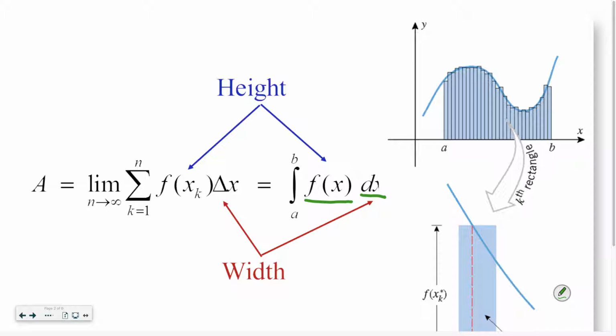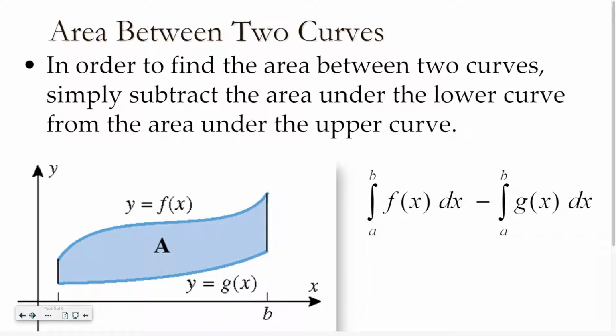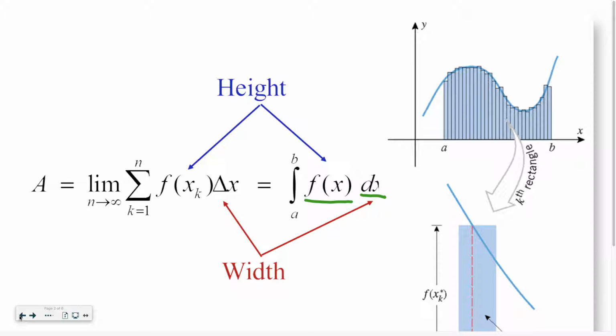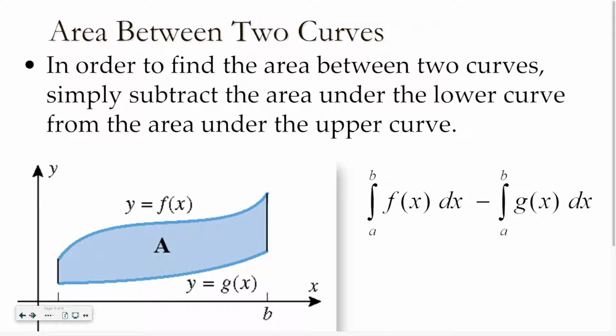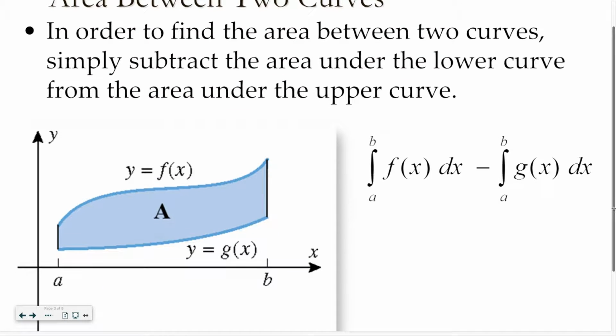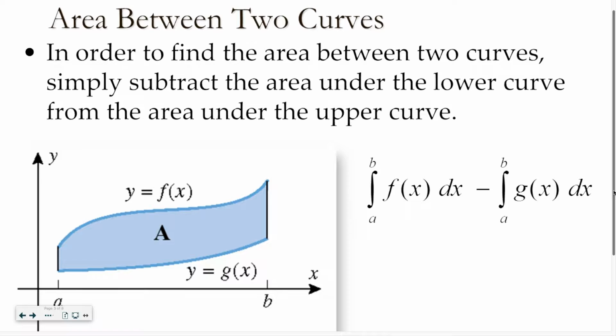Okay, now what we are going to do today is we are going to take the area between 2 curves. So instead of curve to x-axis, we're going to talk about curve to curve. So, just don't write anything down quite yet.